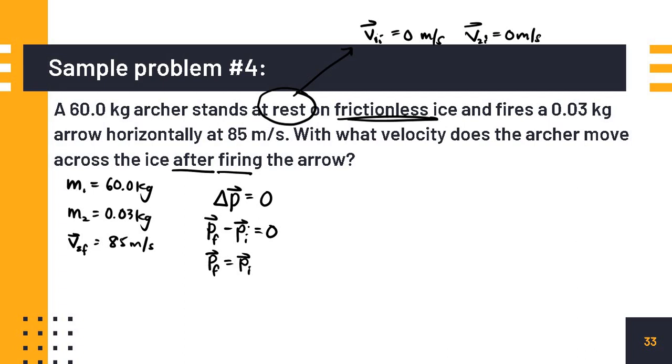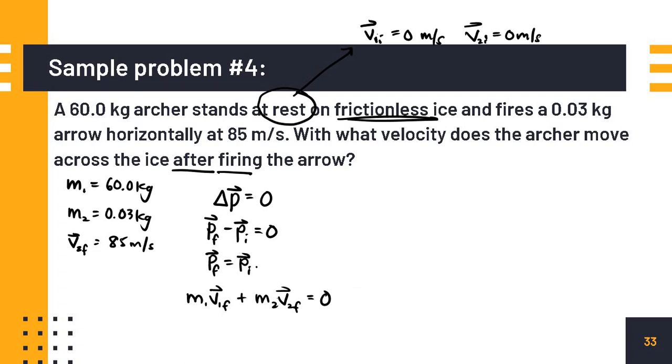And we know that the initial momentum of the system is equal to 0 because the initial velocities of both particles located within our system are also 0. So the final momentum would be equal to this formula: m sub 1 v sub 1f plus m sub 2 v sub 2f is equal to 0.